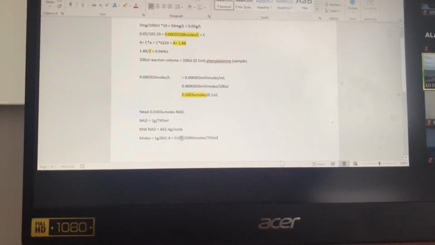Okay, so we've got a number of moles and we've got dissolved in a large volume of water. We want to get to a certain number of micromoles. So to make it easier for my brain to understand, I've attempted to convert these moles into micromoles. To do that, of course, you would times by 1,000,000. Times by 1,000 to get from moles to millimoles, and times by 1,000 again to get from millimoles to micromoles.